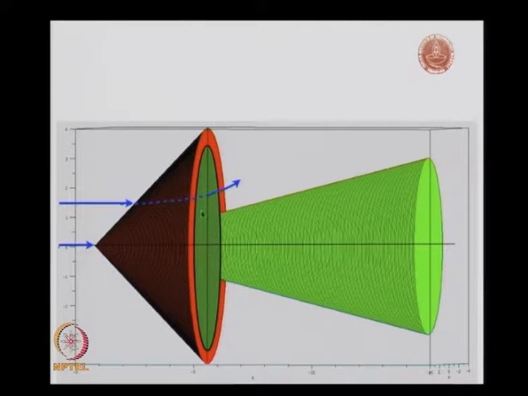When I draw this dark green one here, this is again another cone within this red one. If I draw a radial line, this dotted line basically means that it is happening inside this red cone.